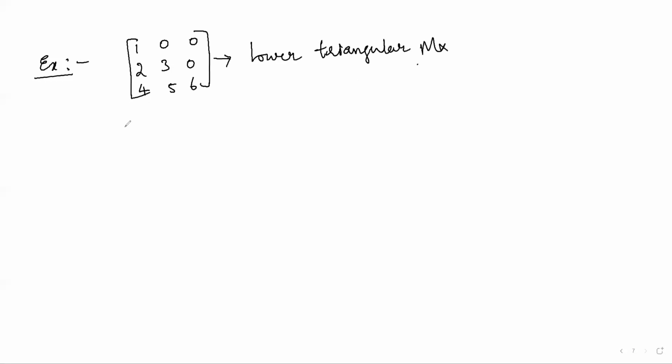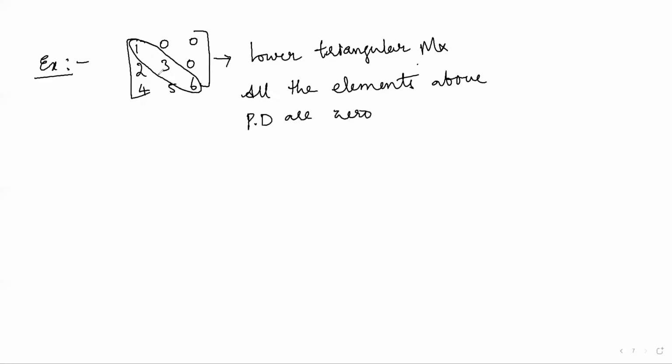This is the principal diagonal, and all the elements above the principal diagonal are zeros. Below the principal diagonal can be anything. That means a triangle is formed here. That's why this is a lower triangular matrix.